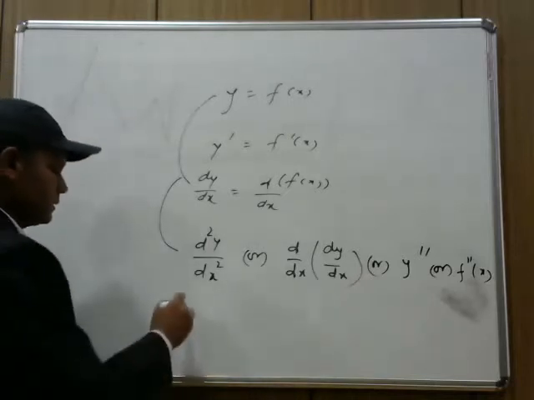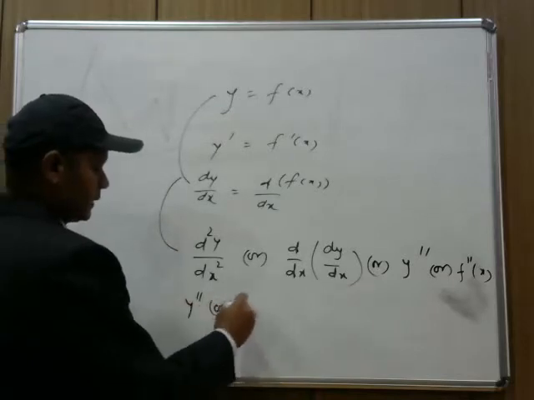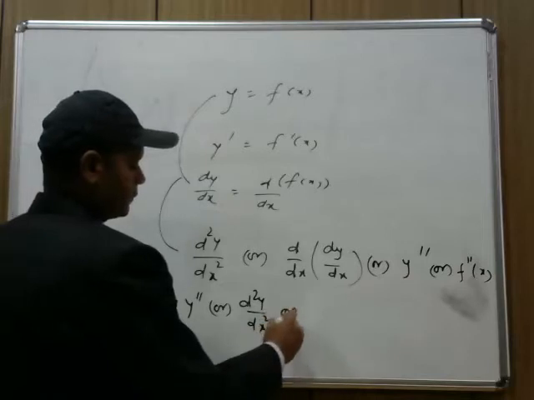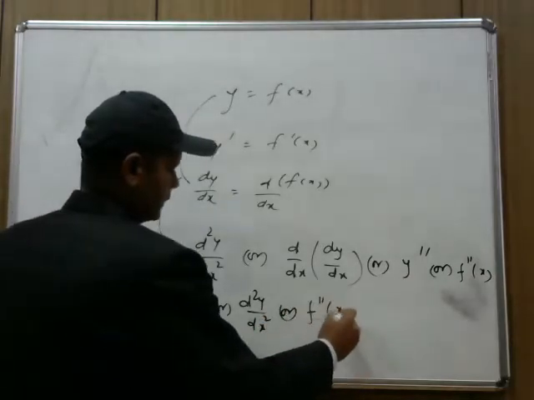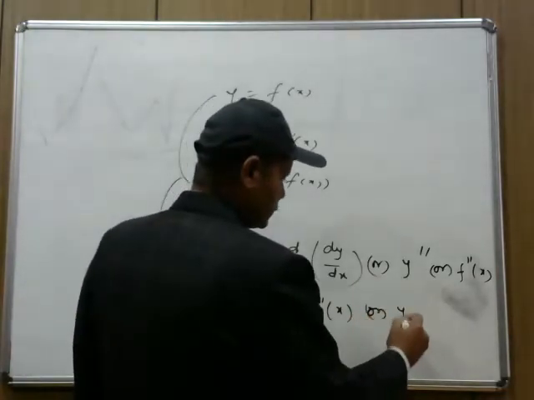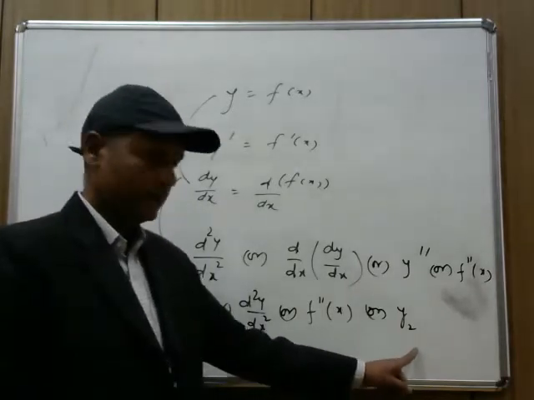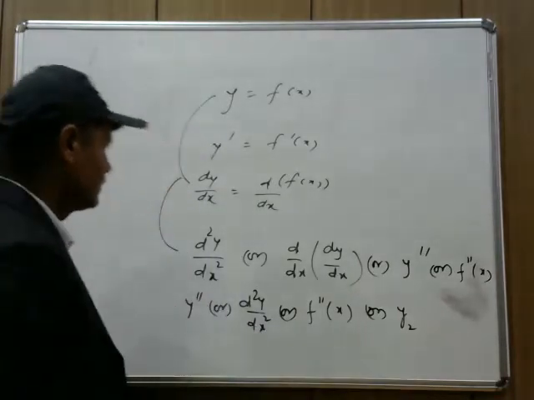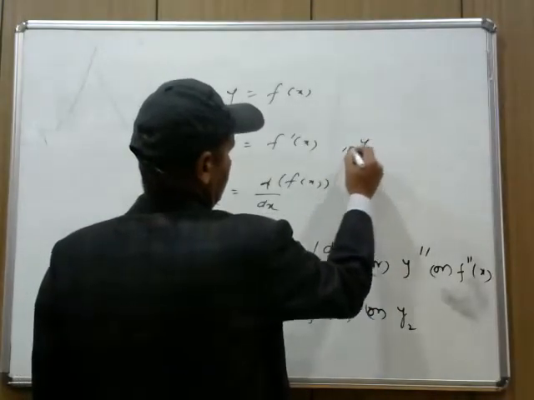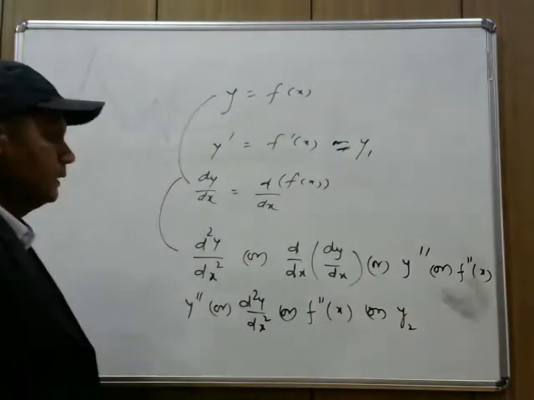I can write y double dash, or d2y by dx square, or f double dash of x. We can also write y2 with a suffix, and the first order we write as y1.